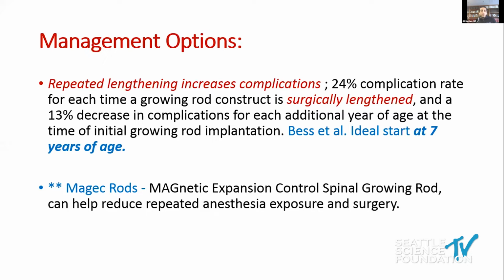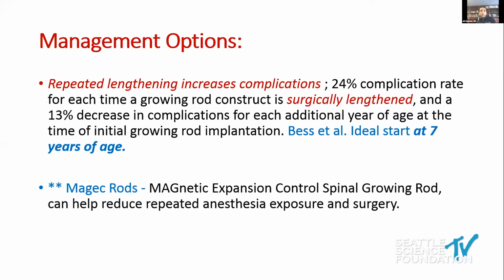classically, repeated lengthening procedures, or multiple procedures every 6 months or so with growing rod constructs, but the complication rate with those has been pretty high, up to 24% addition for the complications with each episode of growing the rods surgically, or lengthening, I should say.